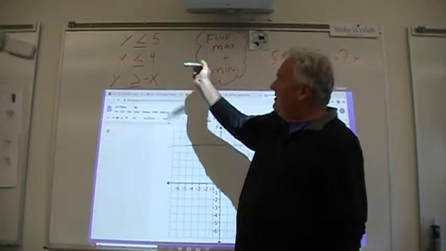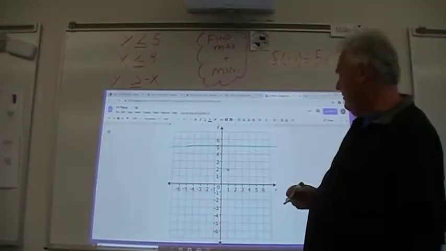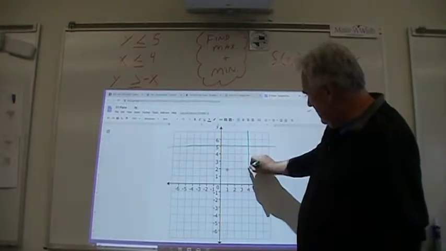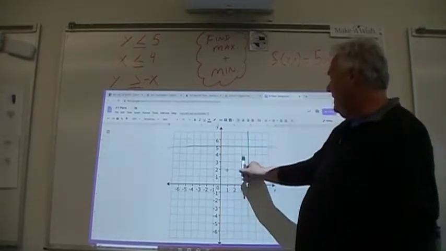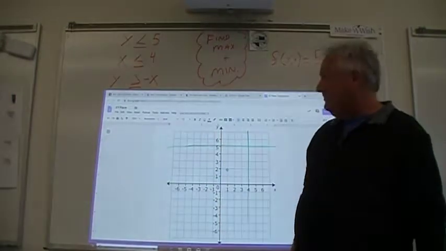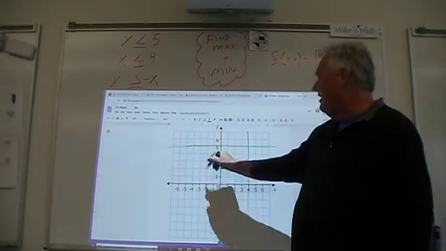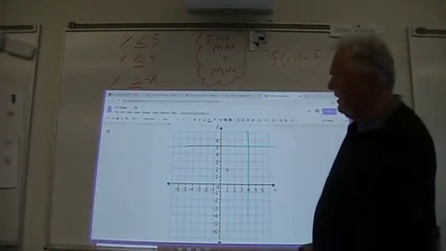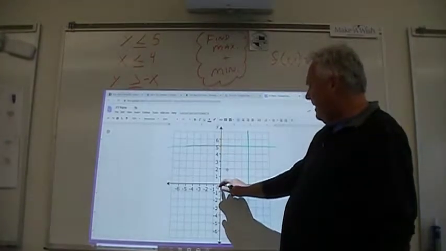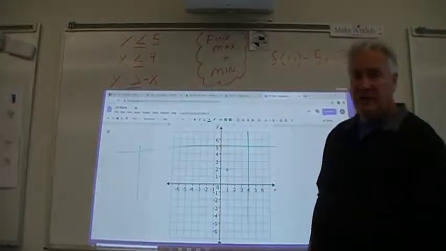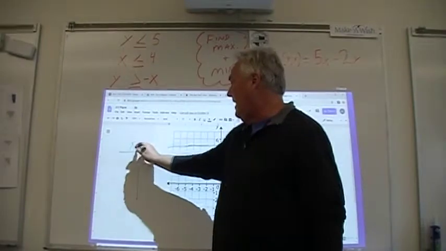The second one is x is less than or equal to 4. So here's 4 right here, and here's this one. And it's less than. So we've got this, and we've got this that we're kind of talking about. The third one is y is greater than or equal to negative x. Sometimes, if we need to, we can do an XY chart.